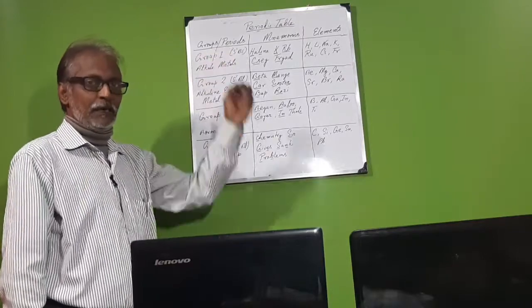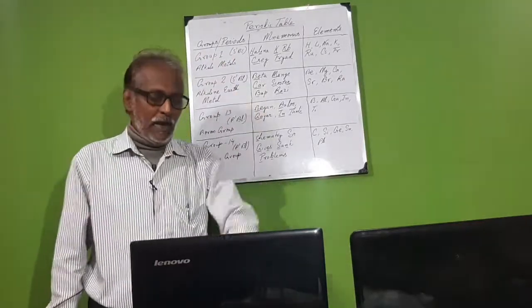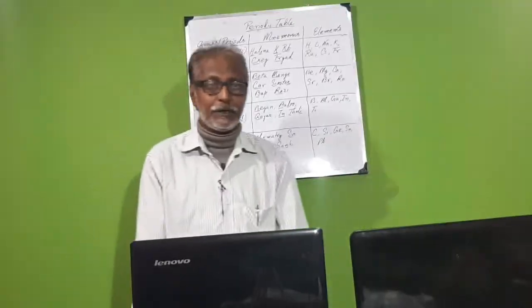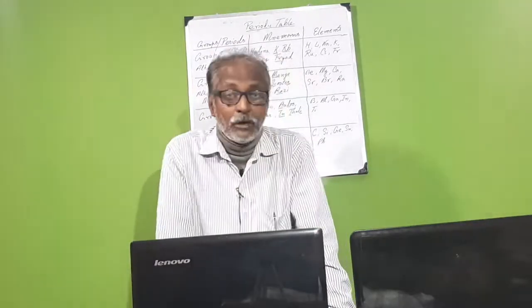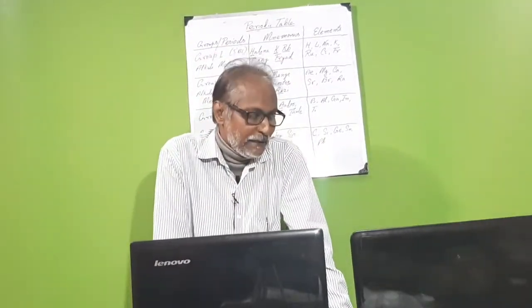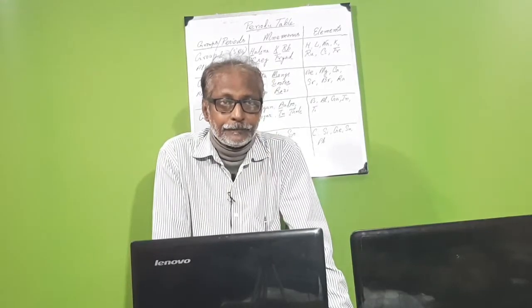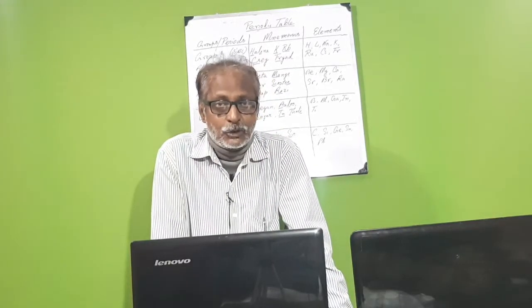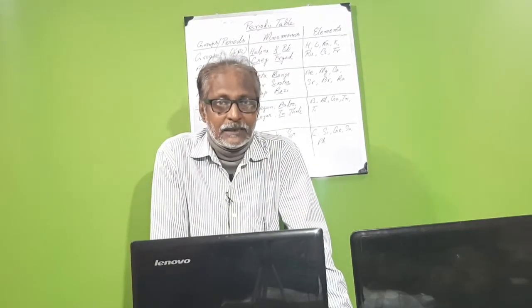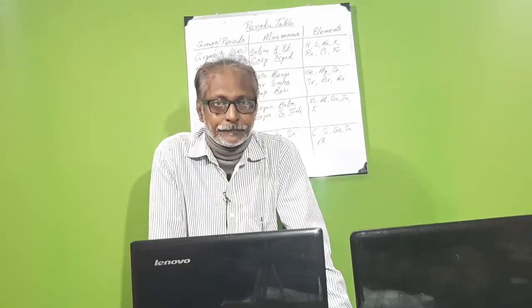Groups and periods. We know that 118 elements are there in the periodic table, and among those, 90 elements can be found in nature and the remaining 28 elements are man-made.